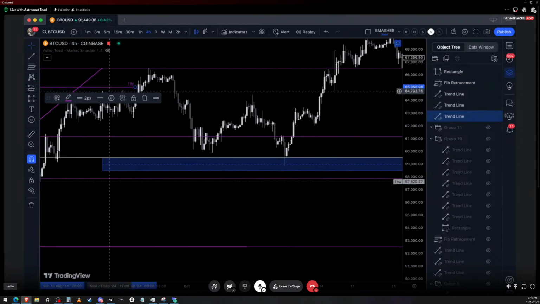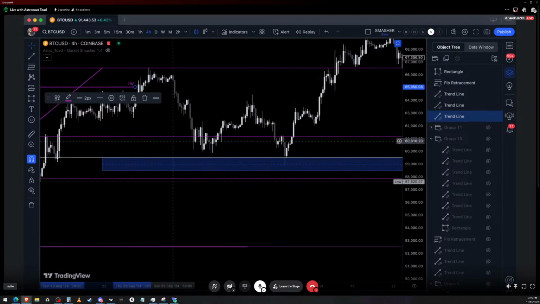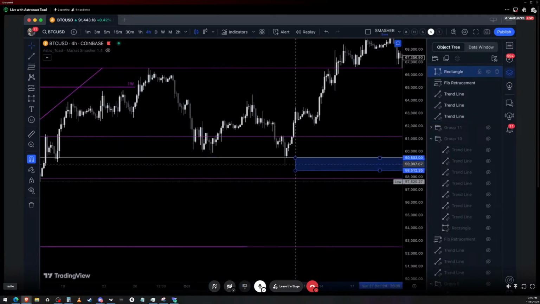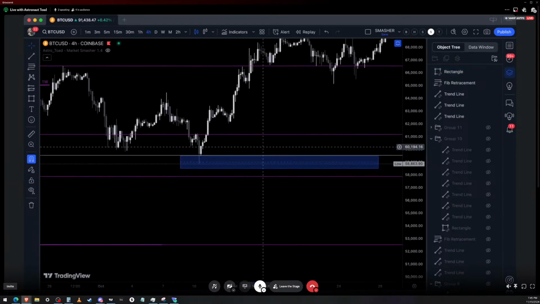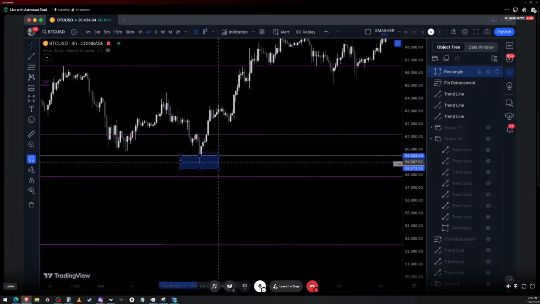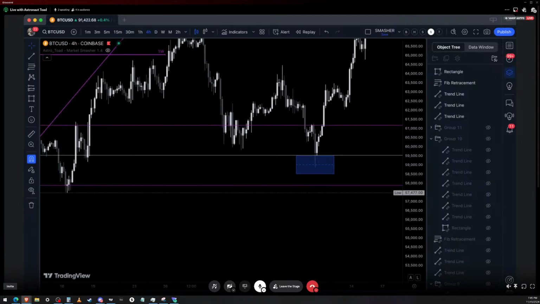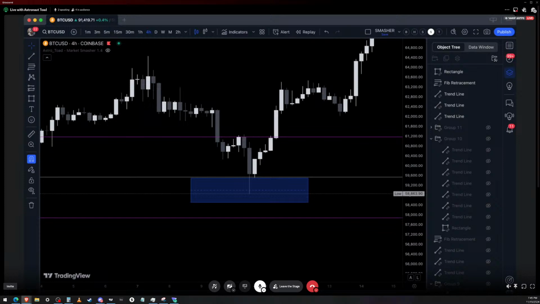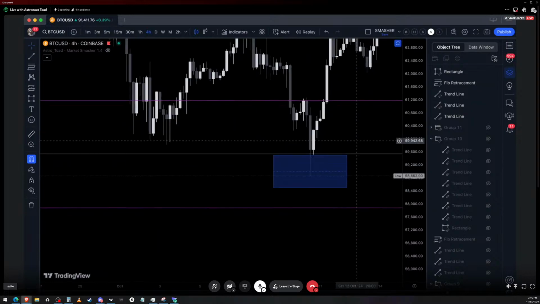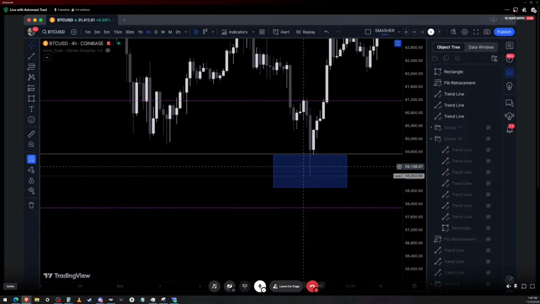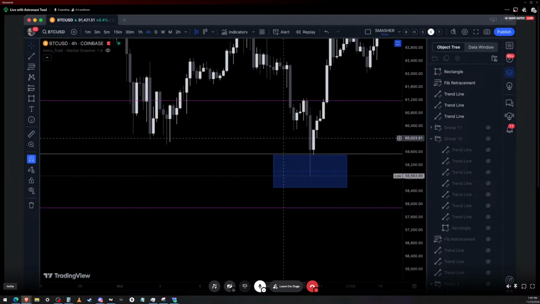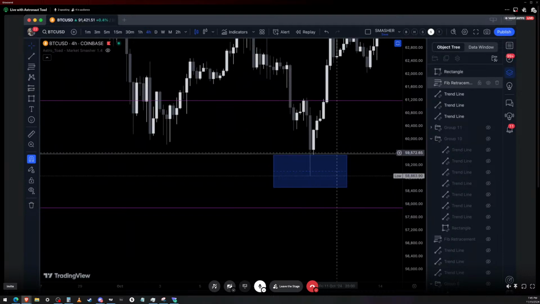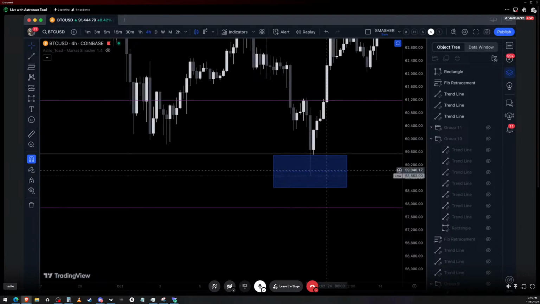Now, I'm on the 4-hour chart. I'm looking for a trade in this blue box, and it happens right here. It just barely wicks below that level before shooting back up. So on the 4-hour chart, if you see this happen and it goes zap, price reacted to this level, and you say, hey, this is bullish.